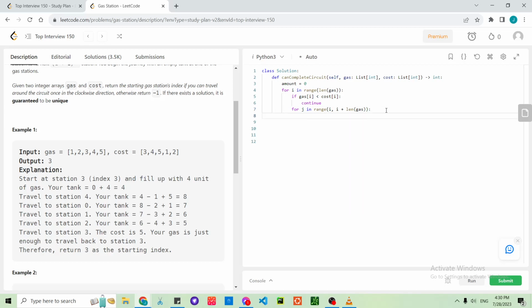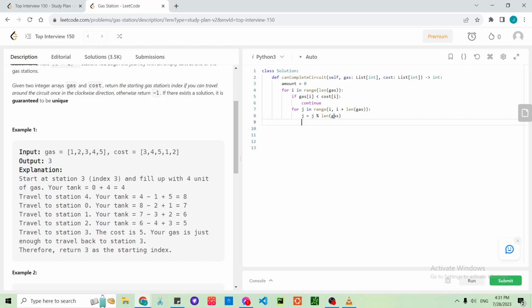So obviously we need this one to be modular when we do take the index. So that should take care of it. If it's 8, length is 5, then that'll give us 3.